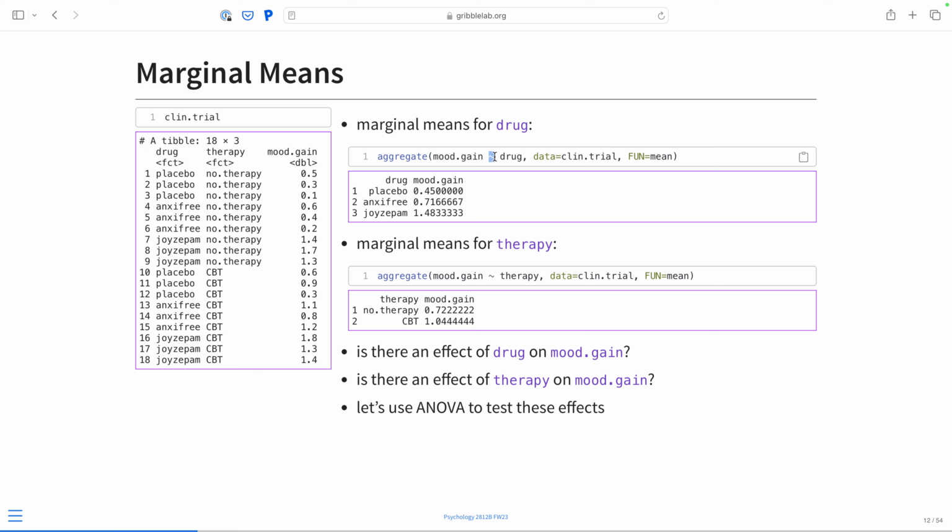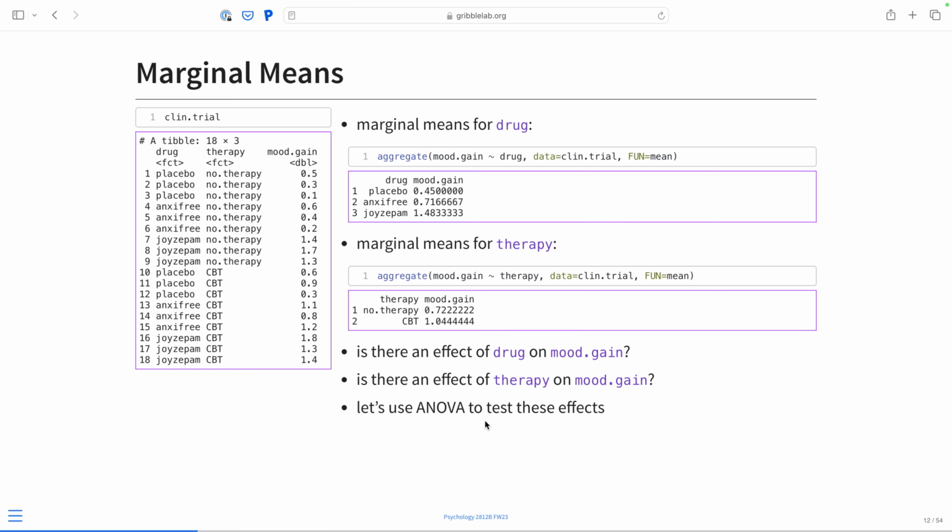Mood gain varies with just drug. So ignore the fact that there's anything else. And the function I want is the mean, and I get the marginal means across the levels of drug. For therapy, I say mood gain varies with just therapy. Ignore drug. The function is mean, and I get the two marginal means of the therapy factor.